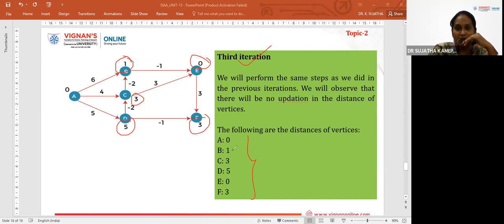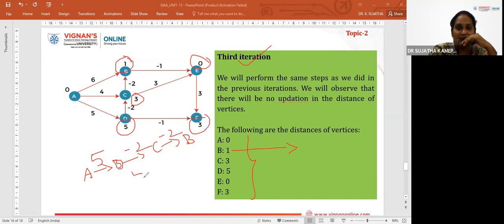Right. Now what may be the path here from A to B? Which path gives the distance 1? Let us see. If I go from A to D, from D to C, and C to B: A to D cost is 5, D to C cost is -2, and C to B cost is -2.